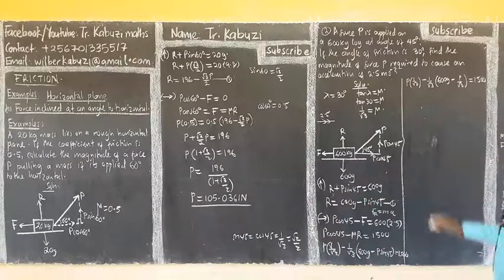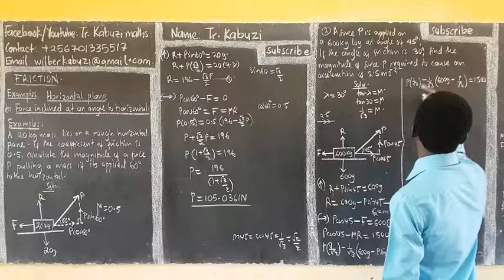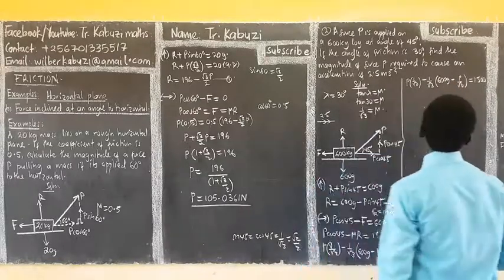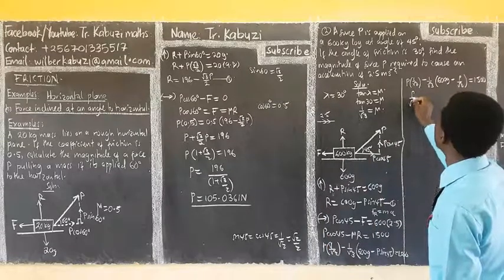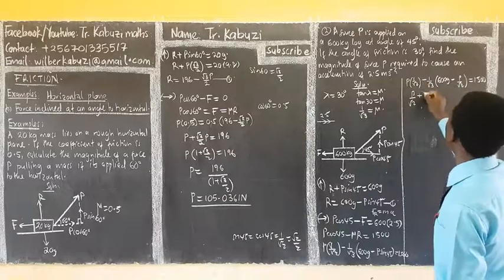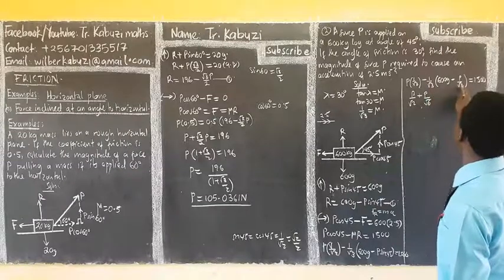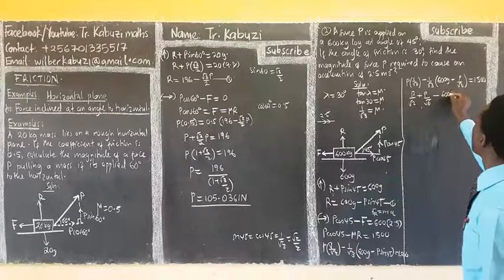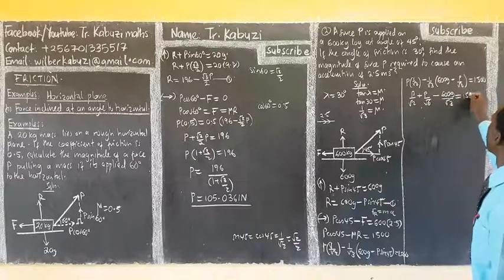Okay, so from there, if I open brackets and I bring this side, I'll be having now P over root 2, then plus this and this, P over root 6, this and this, they are going to multiply, then minus 600 G over root 3 equal to 1,500.